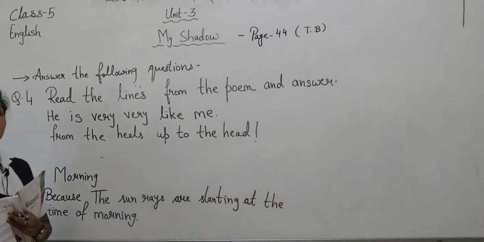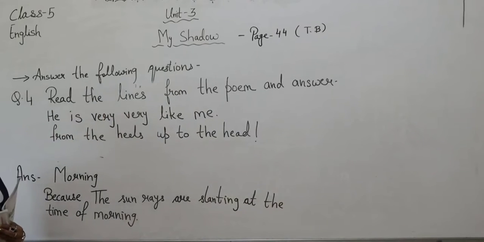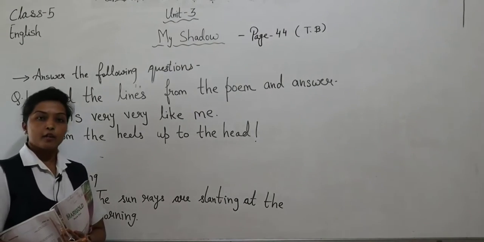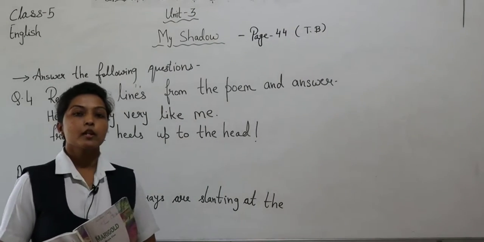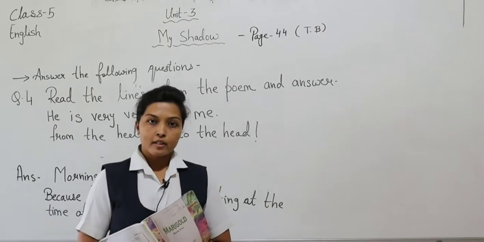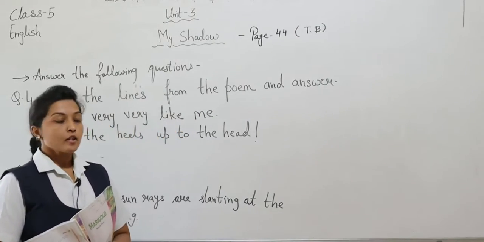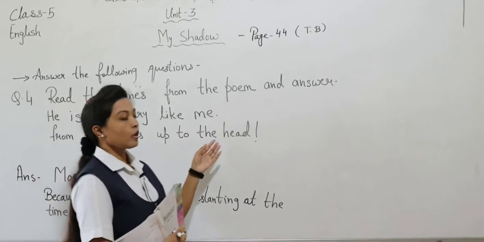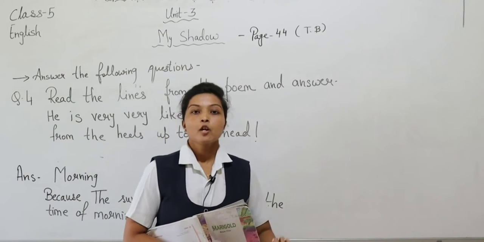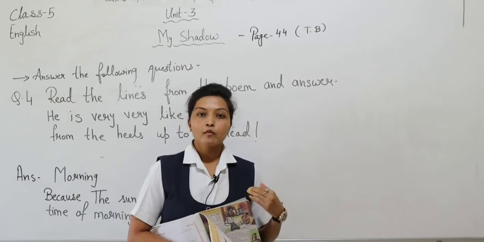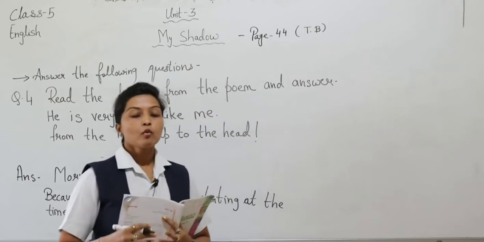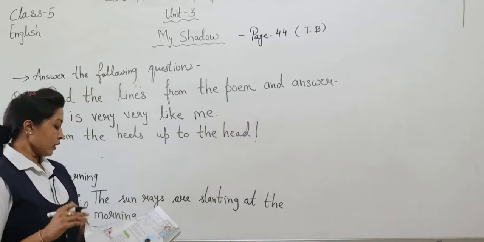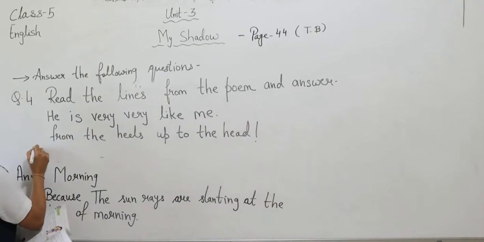These two lines mean he is very, very like me from the hills up to the head. So our shadow is totally a copy of ourself, from the part of our body, hills up to the head. It totally looks like ourself only. Now the question is based on these two lines. 1.